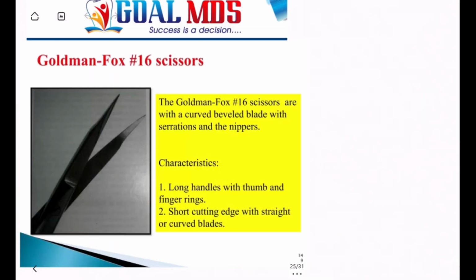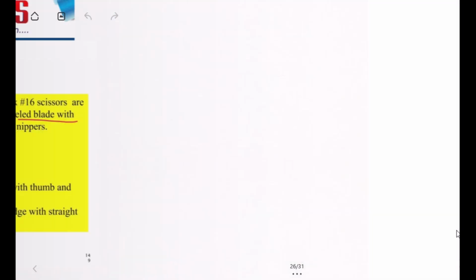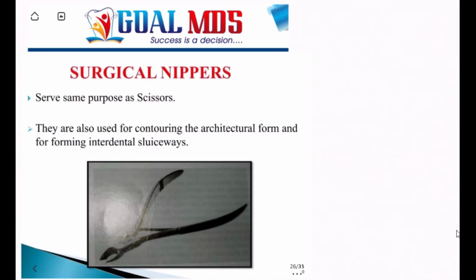Various types of scissors. Goldman Fox scissors are curved, beveled blades with serrations. So remember all these. Surgical nippers have the same purpose as scissors, for contouring the architectural form and forming the interdental slices.